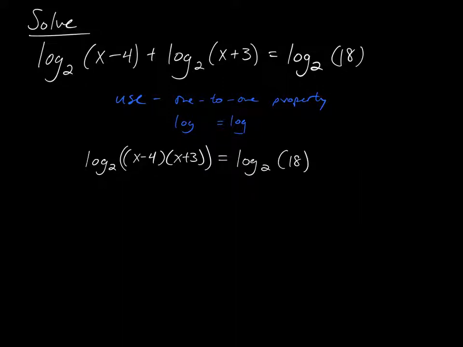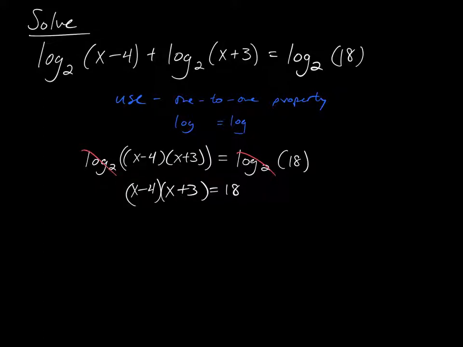Now that we have a log equaling another log, we can, as students like to say, cancel the logs. That just leaves us with x minus 4 times x plus 3 equals 18.